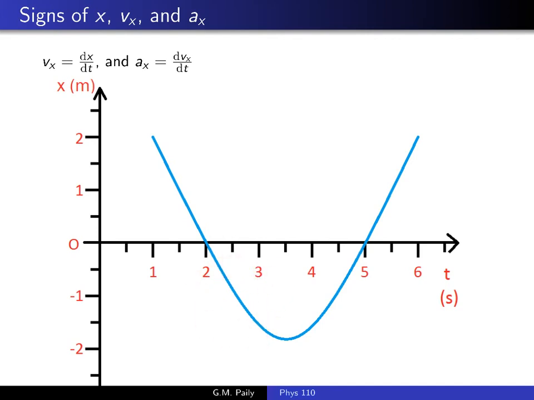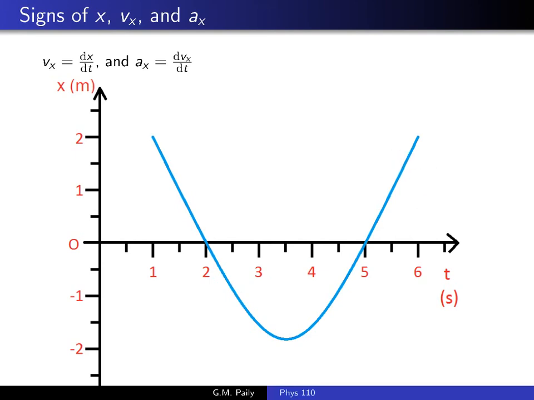What about here? Here, the position is negative, and the slope is also negative. Again, this makes sense because the position starts at 0 but becomes more and more negative. And so the velocity is negative.